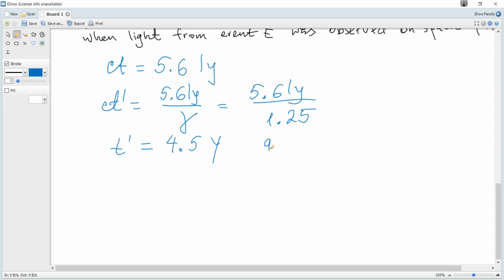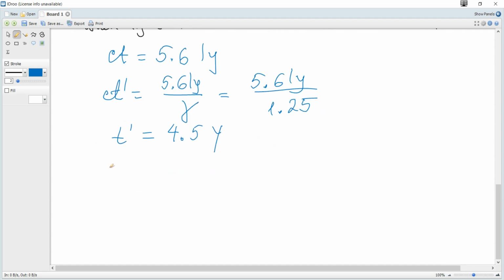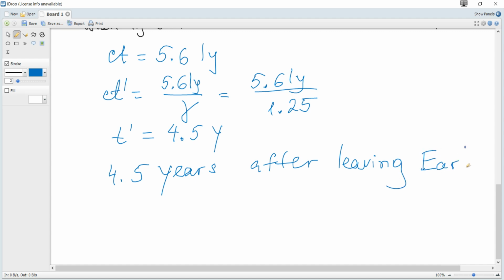Let's rewrite. The question is: determine the time according to spaceship A when light from event E, meaning the light that was emitted, was observed on A. So it is 4.5 years after leaving Earth.